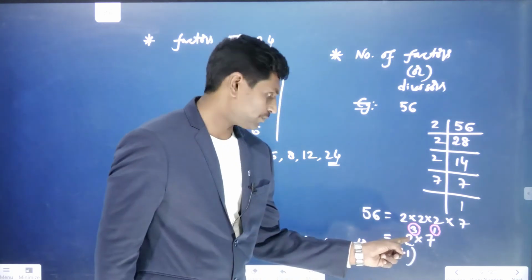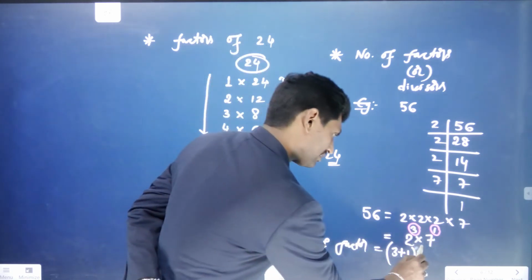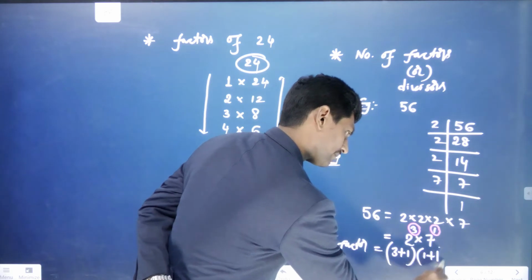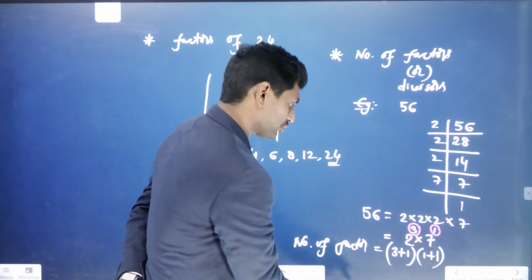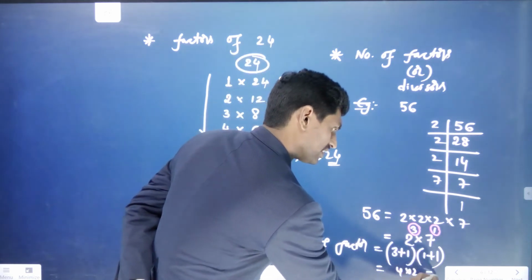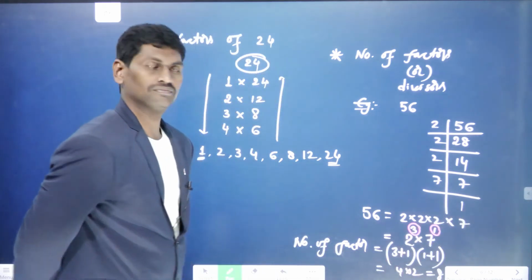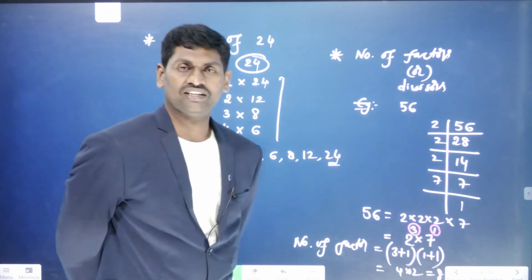That means for this exponent I am adding 1, and the same way for this exponent I should also add 1. 3 plus 1 is 4, 1 plus 1 is 2. 4 2s are 8. 4 into 2 is equal to 8. Okay na? So the number of factors is 8.